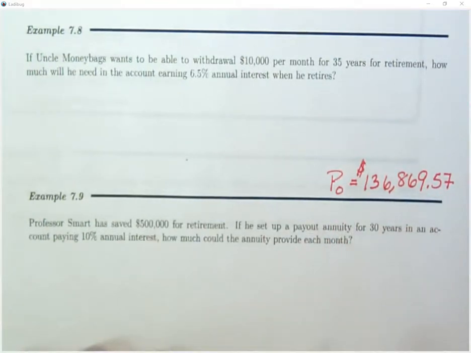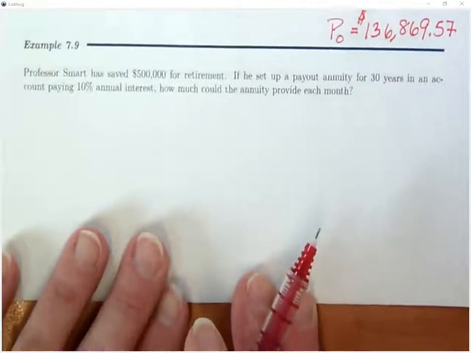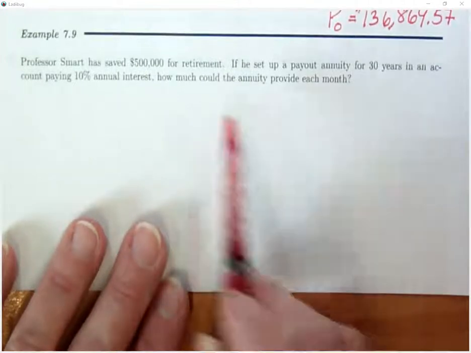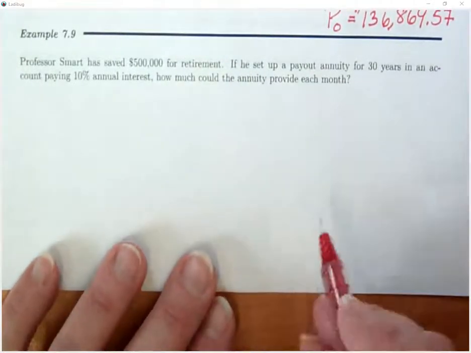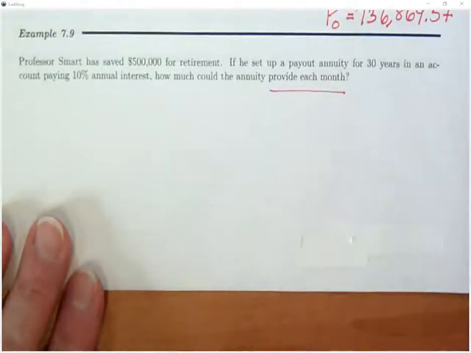The next problem is we're finding how much I'll be able to take out if I put that $500,000 in there. So on this one, it's provided each month will be the deposits, which are actually withdrawals that you'll be able to make.